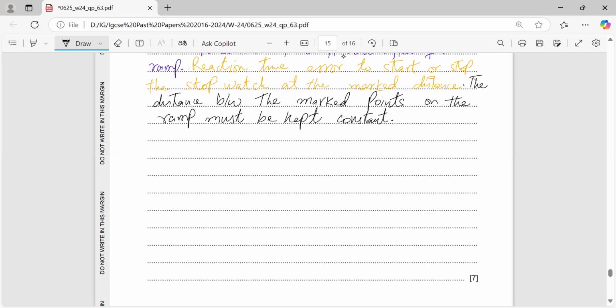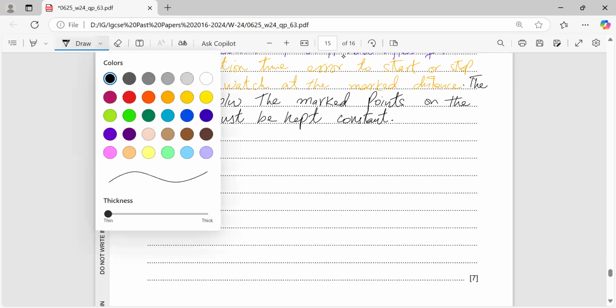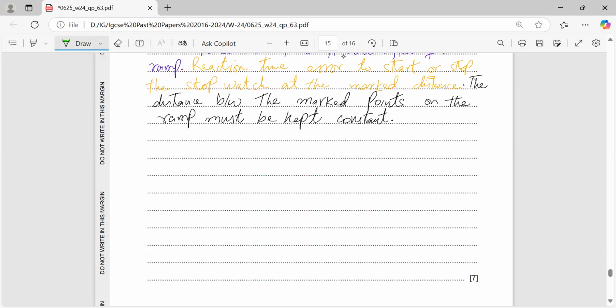So always start with the independent variable: angle in degrees, then distance in centimeters, then time in seconds, and then we need speed, which is distance over time, and the unit is meters per second, and that is enough.